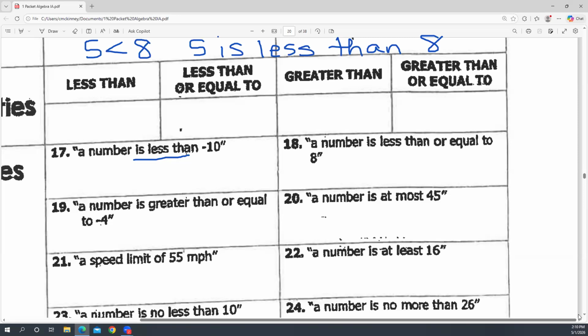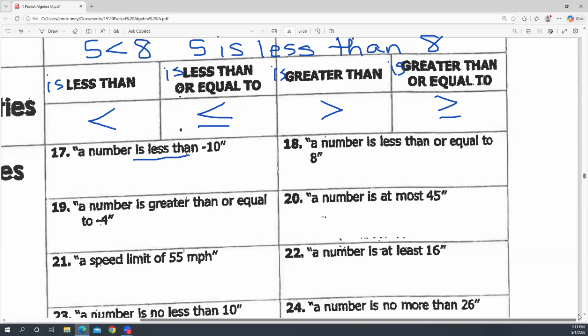Or if it was x is less than 8, there's an is in there. So I kind of wish the paper had is in front of all these. So if you see this and you think, well, I thought less than was a turnaround, but this is less than, it's a cue that instead of being a turnaround phrase, it's an inequality. So is less than, we're using this symbol, is less than or equal to, we give it the equal line, one of the bars, greater than and greater than or equal to.